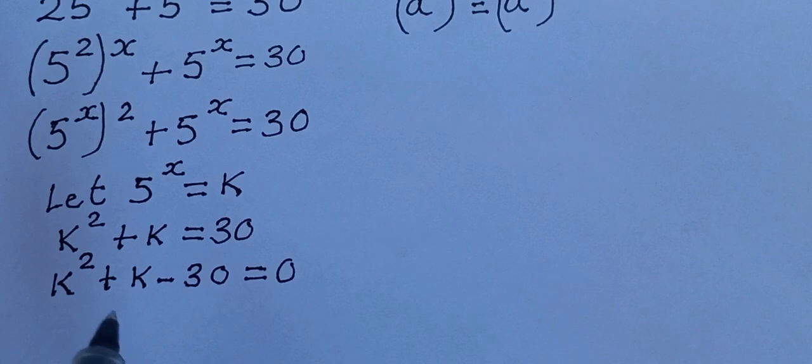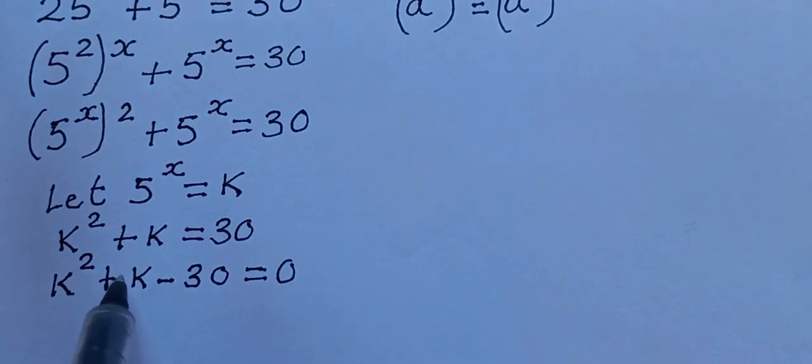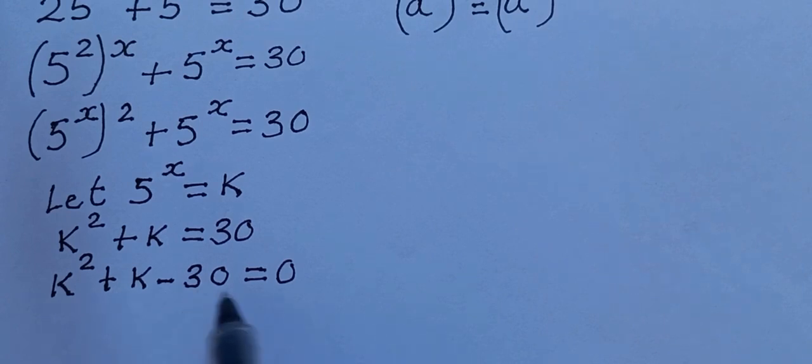Let's use the separating middle term method, in which we want to get two numbers. Once they are added, the answer is 1. And then the same two numbers, once multiplied, the answer is negative 30.